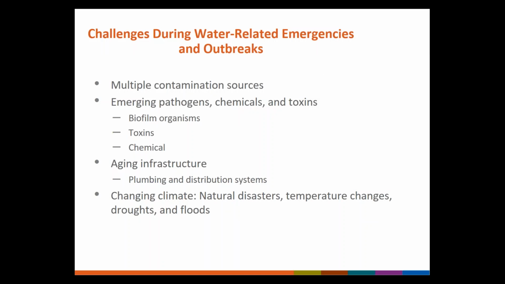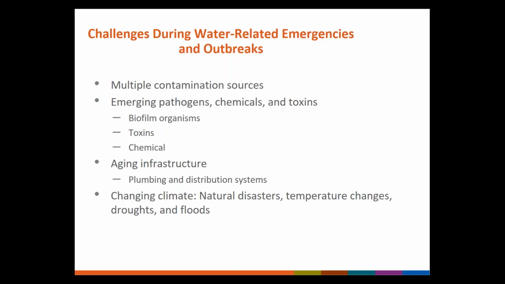I don't need to tell you that water-related emergencies and outbreaks can be really challenging, and part of that is just because there are multiple contamination sources. You can have pathogens, chemicals, toxins, some of which are unregulated. They could be organisms that live in biofilms.